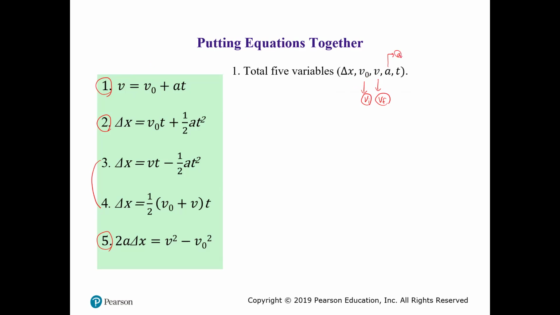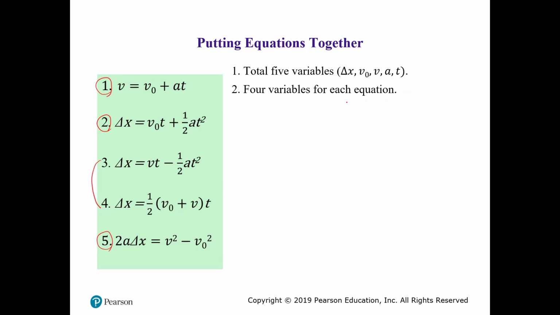Because we assume constant acceleration, there's no initial acceleration or final acceleration. We don't have it because the acceleration is constant. And of course, t is time. So again, we have a total of five variables, right? So far so good, right?